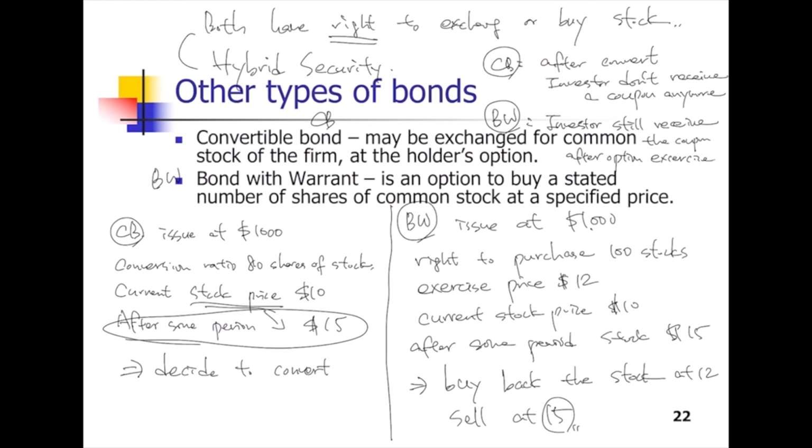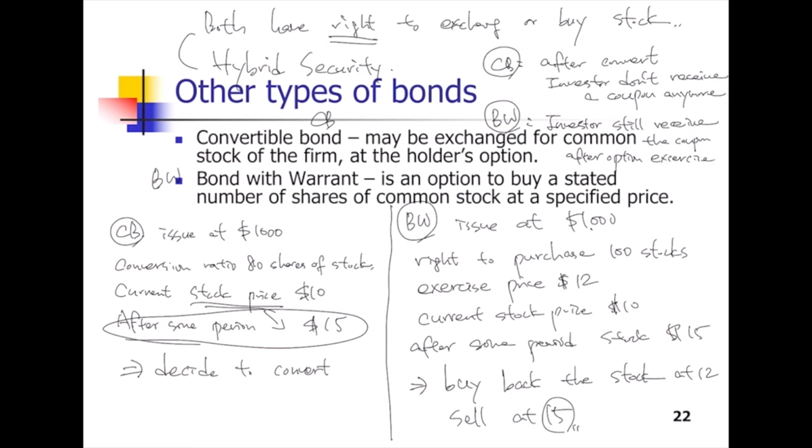Compared with stock, the advantage of bonds is that they are less risky than stock. However, there is a disadvantage of bonds. A bond cannot enjoy the firm's upside potential. When the firm invests really well, the stock price goes up, but the bond investor cannot enjoy the firm's good performance.